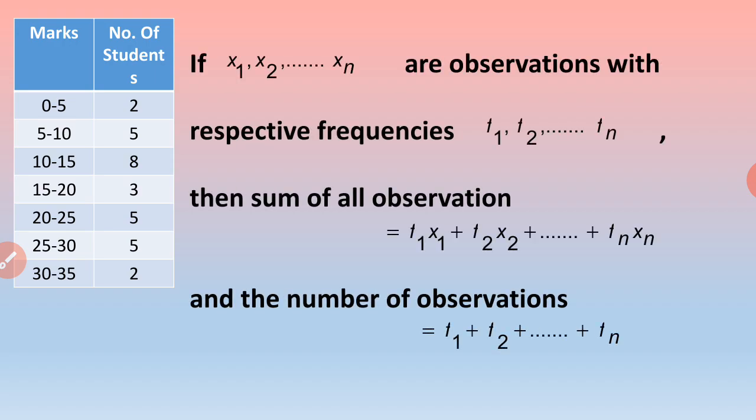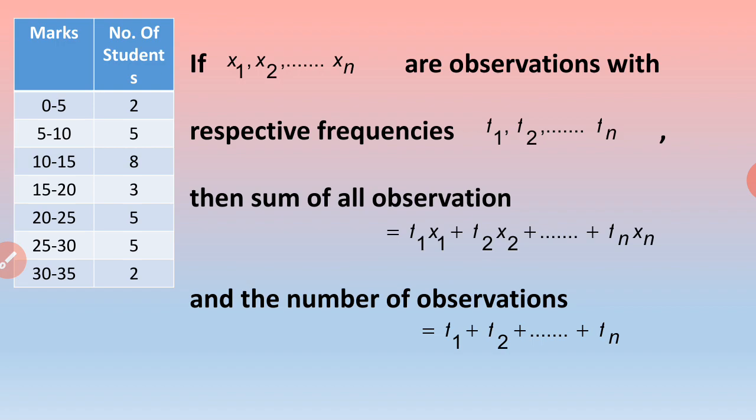Here, if x1, x2, xn are the observations with respective frequency f1, f2 up to fn. Now this x1, x2, xn, they are the class marks. Here, if you see, the marks are in the range 0 to 5, 5 to 10 and so on. In such cases, we always find the class mark. Then, the frequencies are already given.